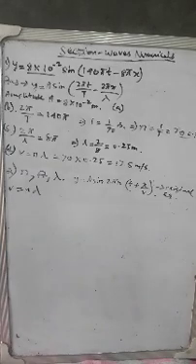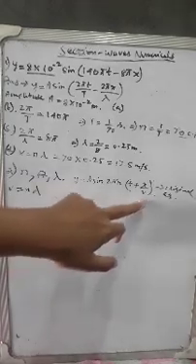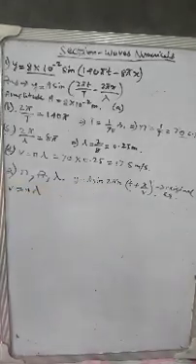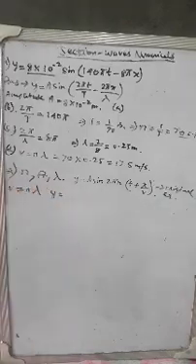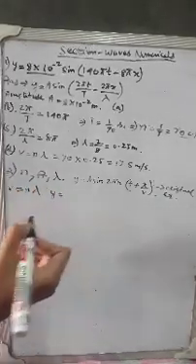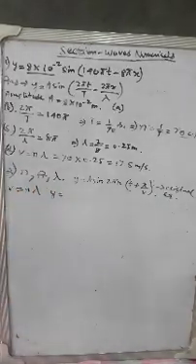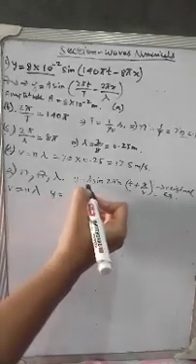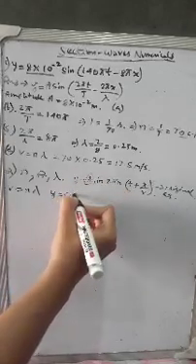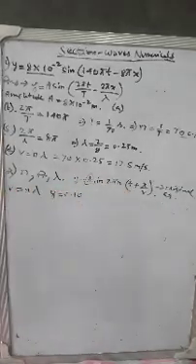So let us write the equation, that means just put the values in this main equation. y equals, what is the value of amplitude given in the question, students? Your amplitude value is 0.10 meter. Let's write that amplitude value, 0.10.